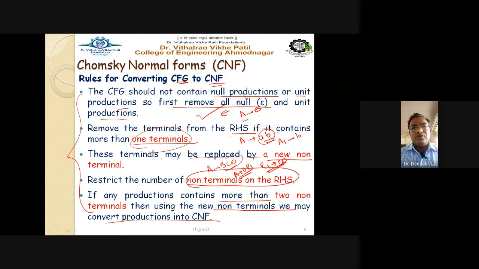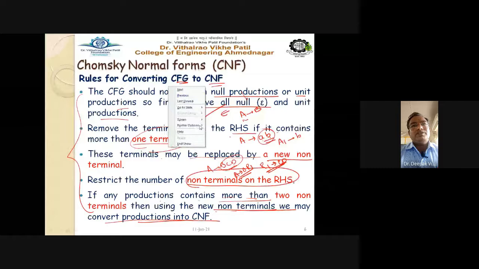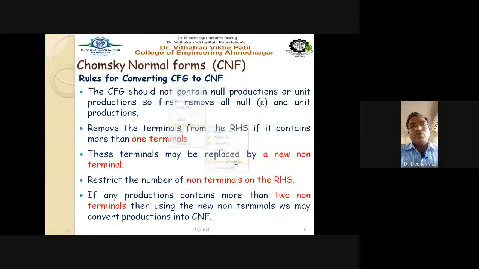If there are more non-terminals, then you have to restrict this number. If the productions contain more than 2 non-terminals, then using new non-terminals, we may convert the production into CNF. Getting this point? So for converting the CFG into Chomsky normal form, these are the rules we have to follow. Observe it carefully, read it carefully once again, and we'll start converting.